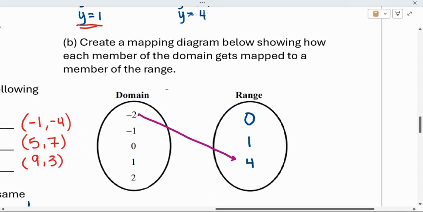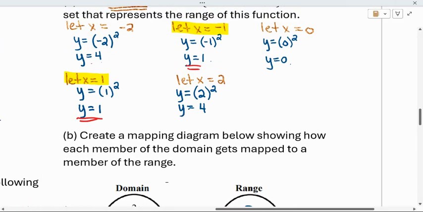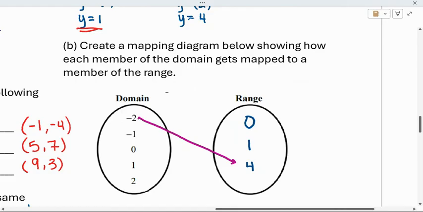When x was -1, what was my output? Positive 1. So I'm going to go from -1 to positive 1. When x was 0, what was my output? 0. So I'm going to go from 0 to 0.